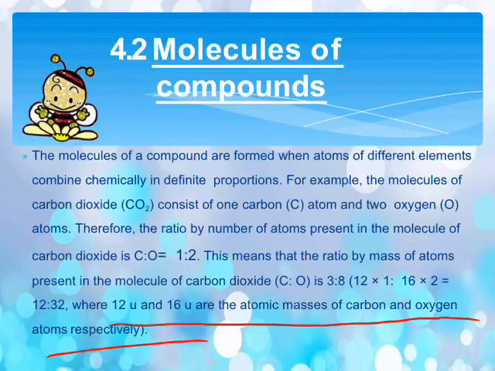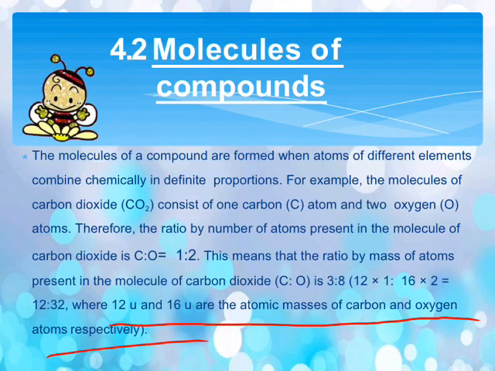Now, continuing further, molecules of a compound. The molecules of a compound are formed when atoms of different elements combine chemically in a definite proportion. For example, the molecules of carbon dioxide, they combine as CO2. In the case of CO2, the ratio by mass is 3:8.